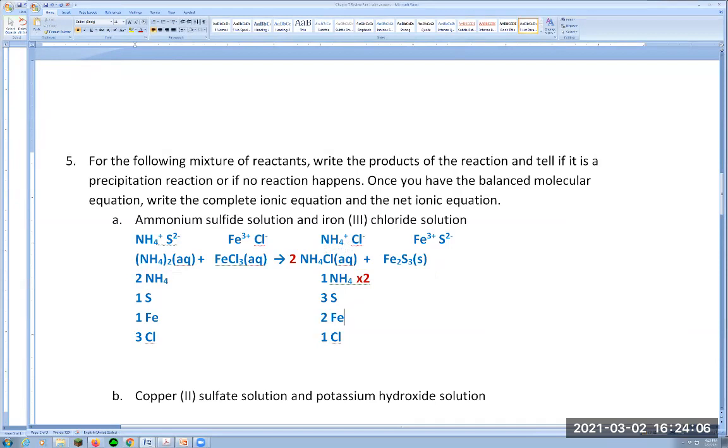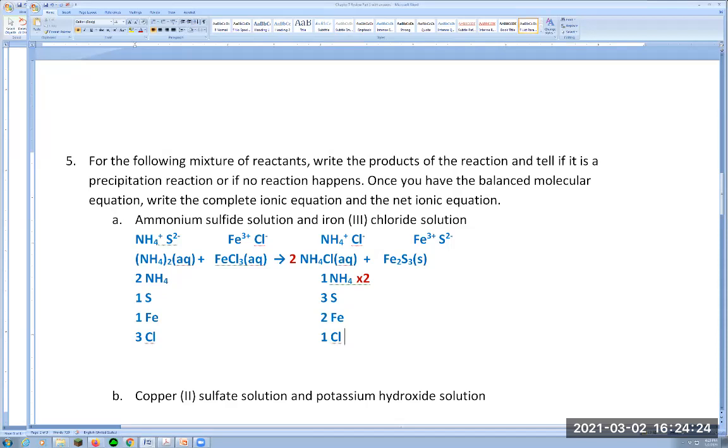When you do that, it changes the number of Cl. We have 3 Cl on the left, only 1 on the right, but now we have 2.